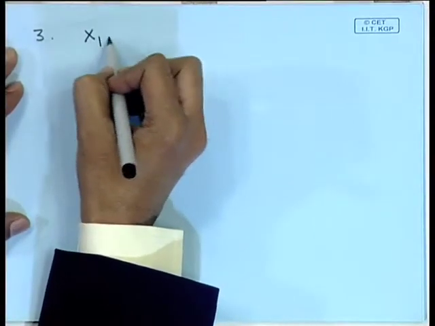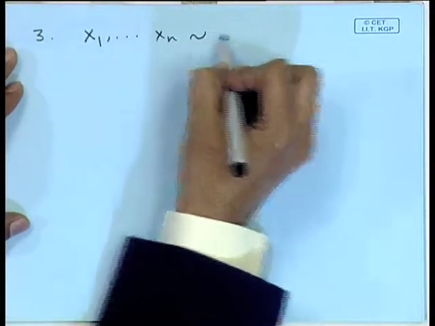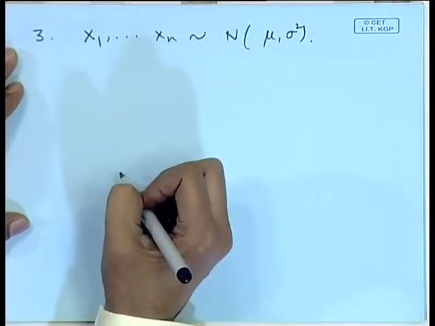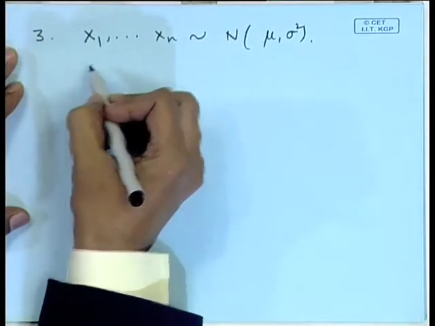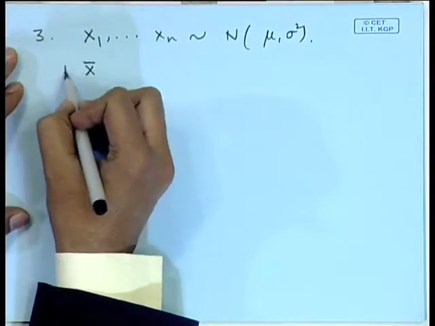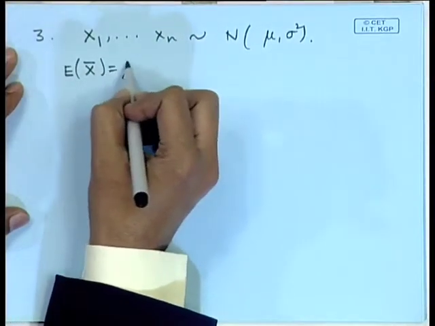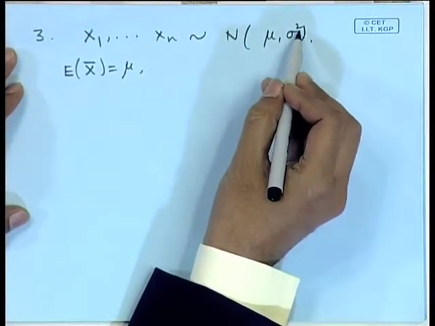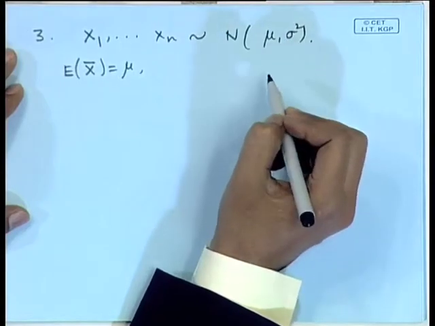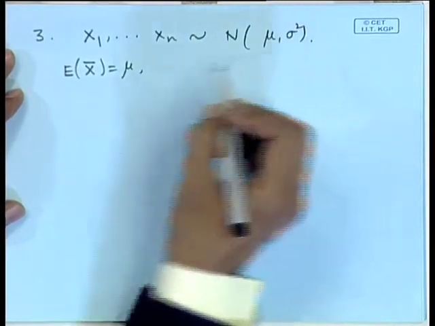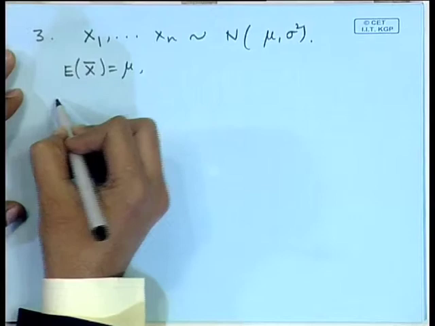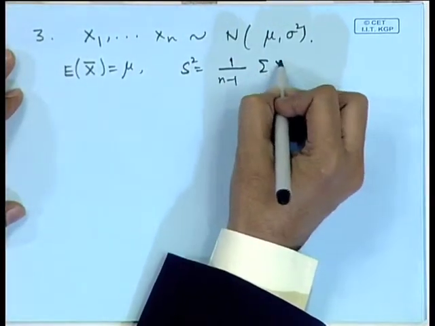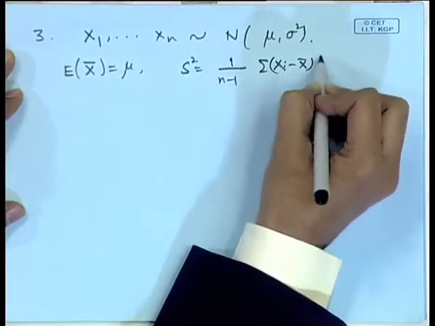Let me take say x 1, x 2, ..., x n, a random sample from say normal mu sigma square population. If I am interested to estimate mu, I may use say x bar. So, expectation of x bar is equal to mu. Now, we know here that variance is sigma square, and suppose I am interested to estimate that, then I may make use of say s square, that is 1 by n minus 1 sigma x i minus x bar whole square.